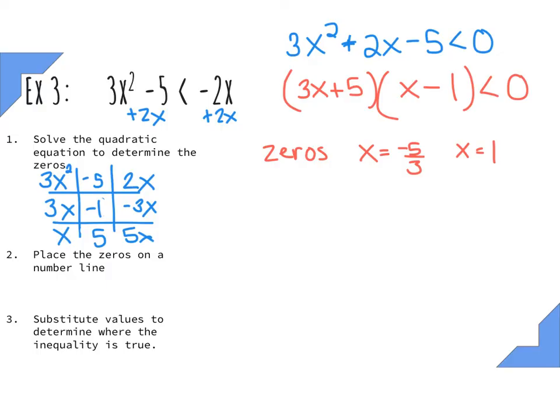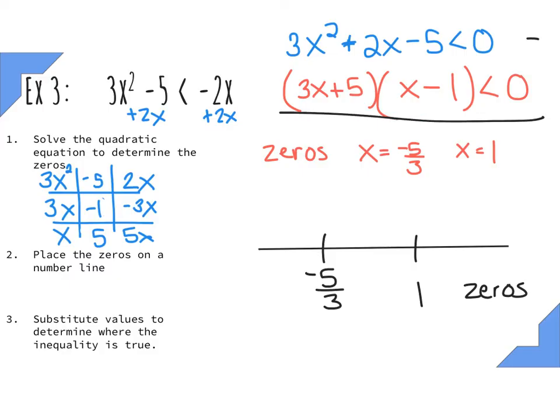I then take my number line and I put those zeros on the number line. So I put -5/3 and +1. Okay, so I know that my solution will either be between these two values or going out from these two values. So what am I looking for?